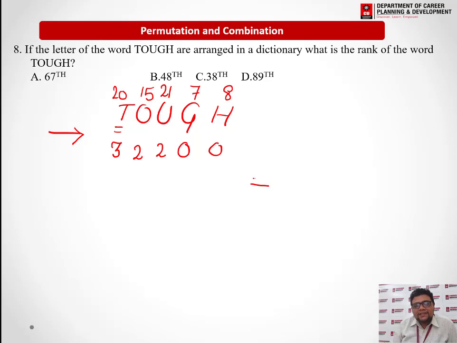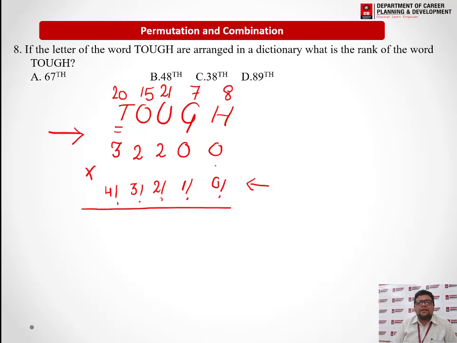Now from right to left, we will write factorials. We start from 0 factorial, 1 factorial, 2 factorial, 3 factorial and 4 factorial. Now we have to multiply both these values in vertical order.